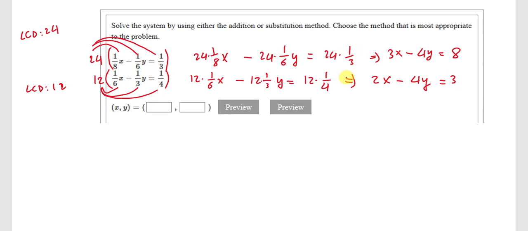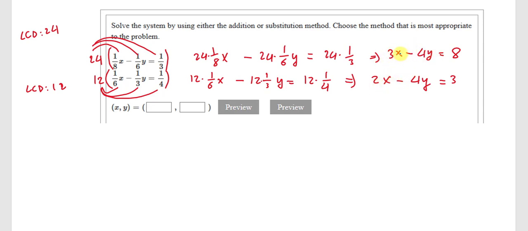Okay, in this case, which one should I use? Substitution or addition or elimination? Well, if you have to use the substitution, you have to solve for x or y in one of the equations, and then use that to plug into the other equation.